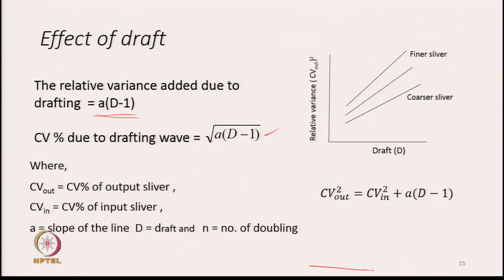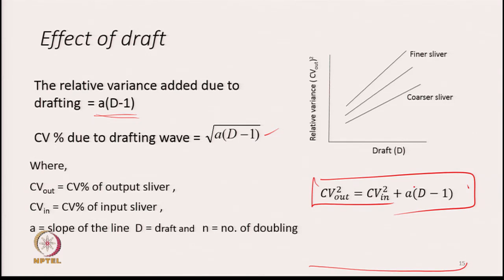Therefore, we can write this equation: CV squared out is CV squared in, that is the CV of the input material, plus A, which indicates the slope, into (d minus 1), where d is the draft.